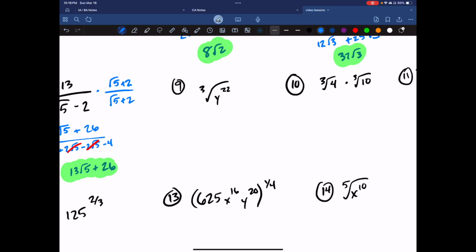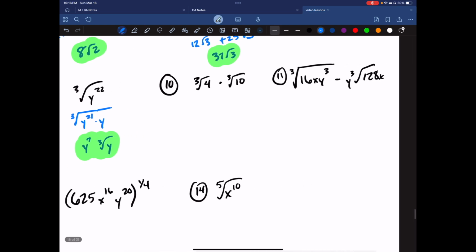So I can actually rewrite this as the cube root of y to the 21 times y. And then I can take the cube root of this and say y to the 7th times cube root of y to the first.